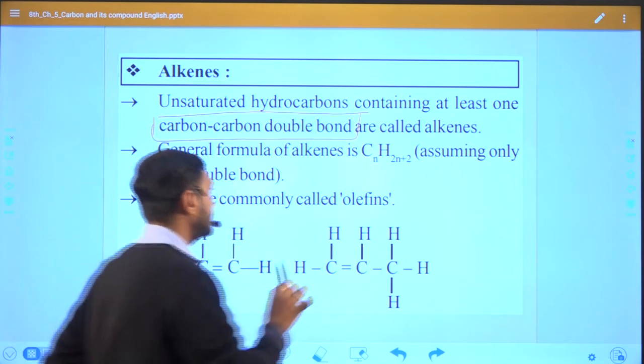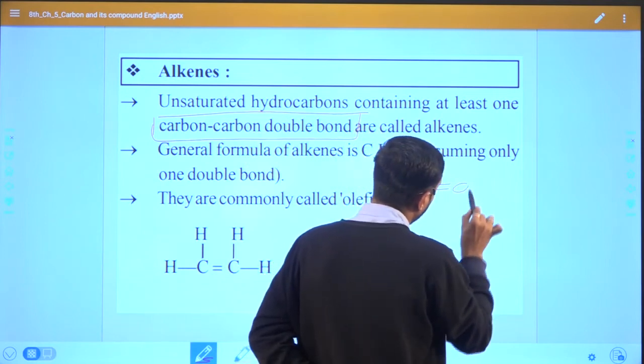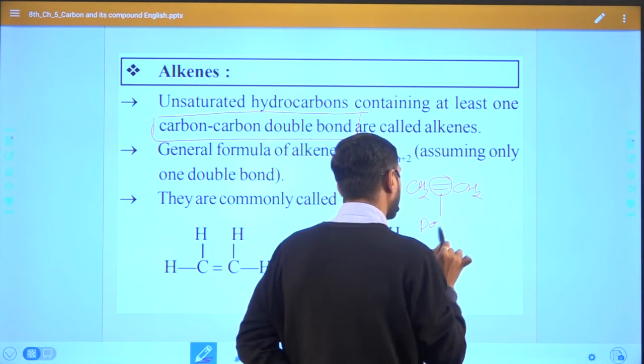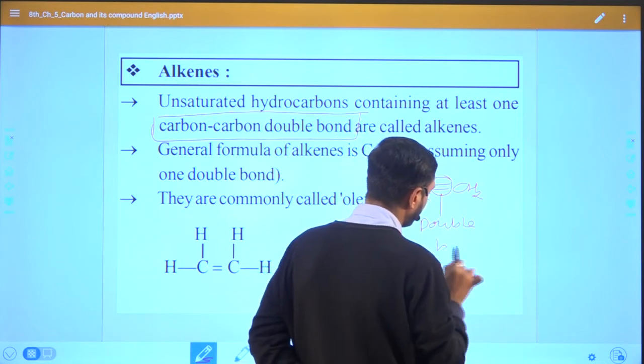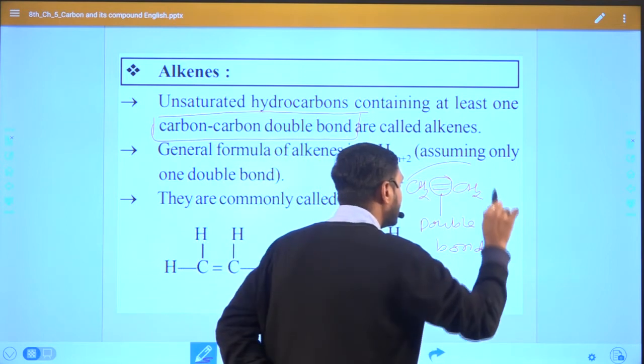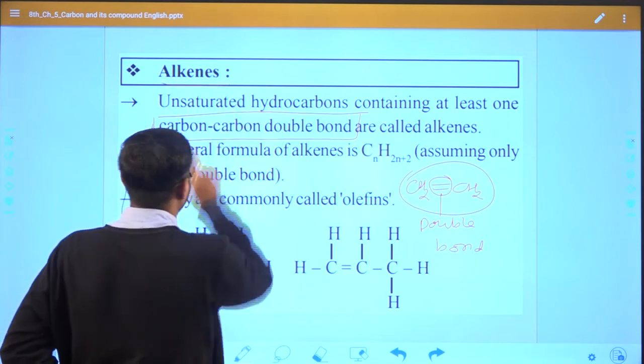Double bond means, as you know, that the bond between two carbons is double. That means two bonds are present, so it is known as a double bond. If at least one double bond is present in the compound, then the compound is known as an alkene.